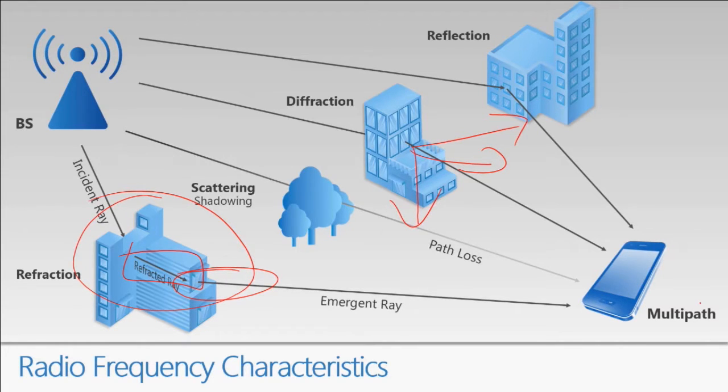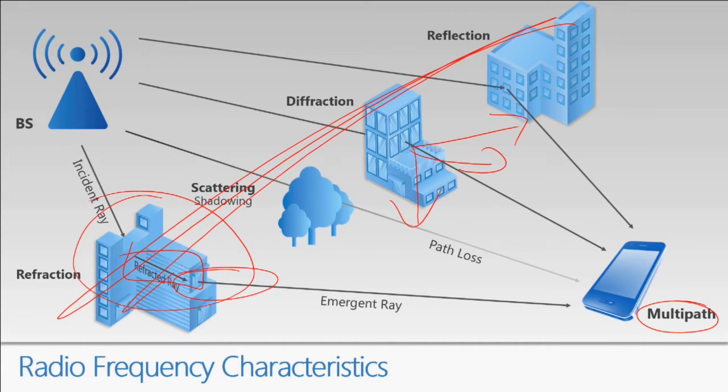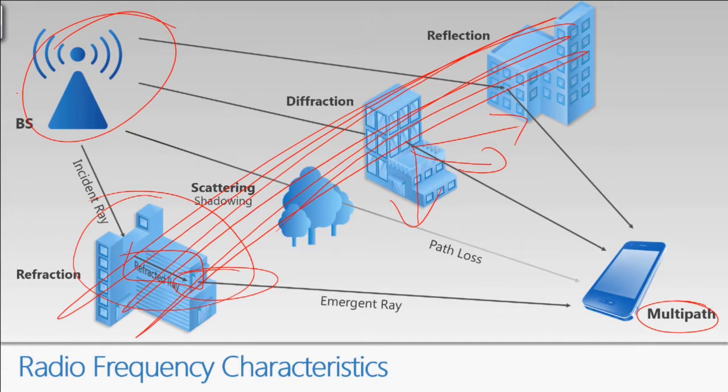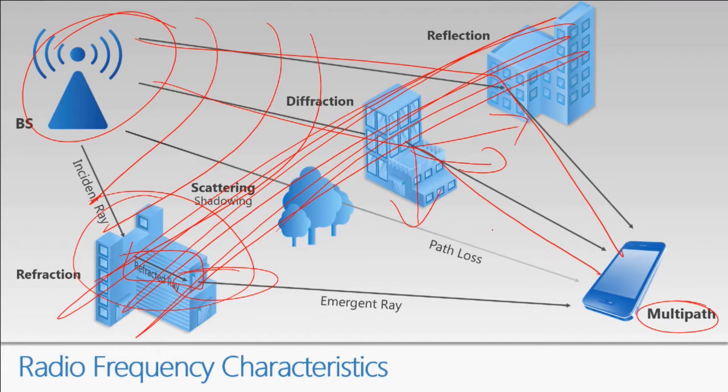Now over here we have multipath. And really the key thing to remember from this is not necessarily what's causing it. When the transmission goes out from our access point or a client device or whatever the case may be, that signal is going to take different paths to reach its intended target. That may result in multiple copies of that signal hitting the target device.